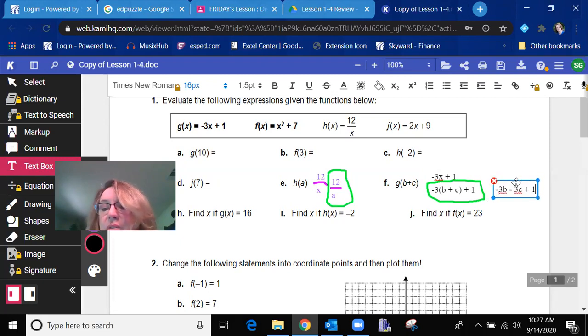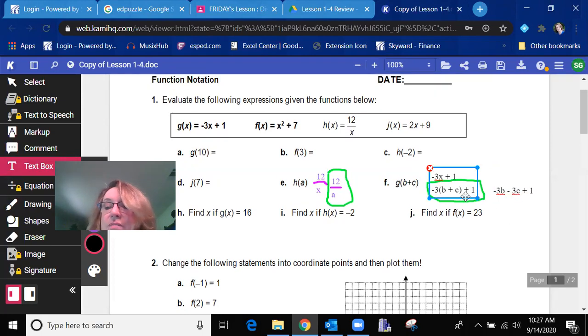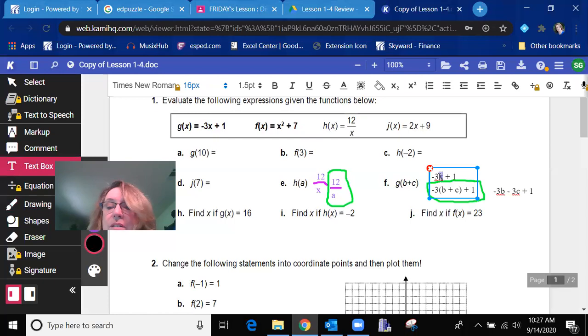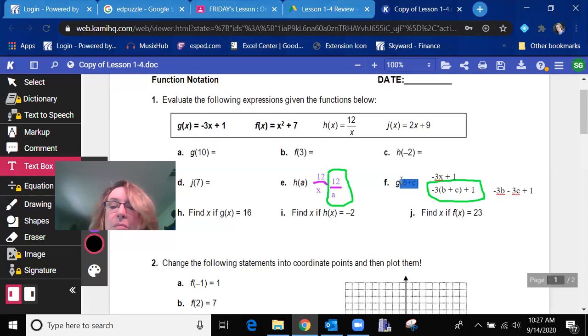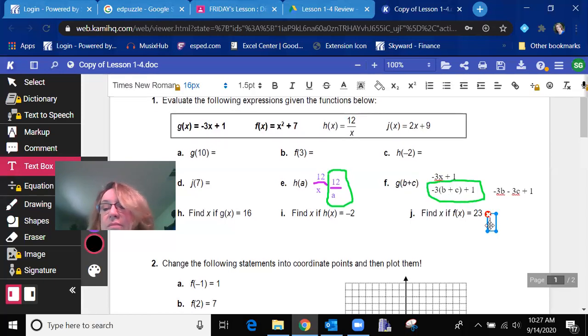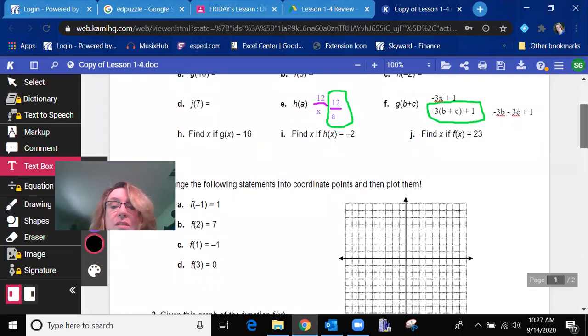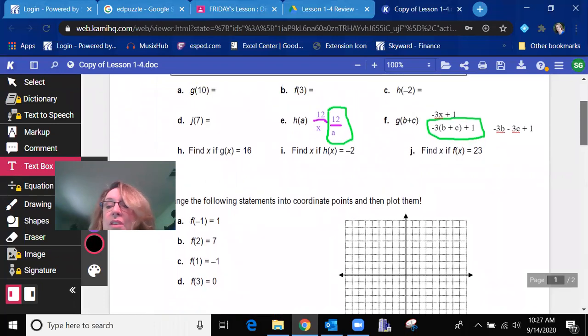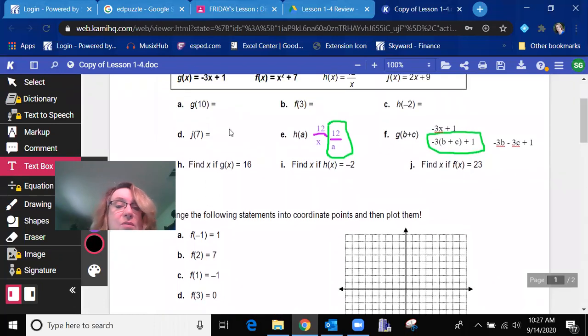So either one of those is the correct answer. Wherever x is, you're going to put that parentheses thing. So it's an expression instead of a single number answer. Like the answer to this one might be 3 or negative 2, and this one is not a separate answer.